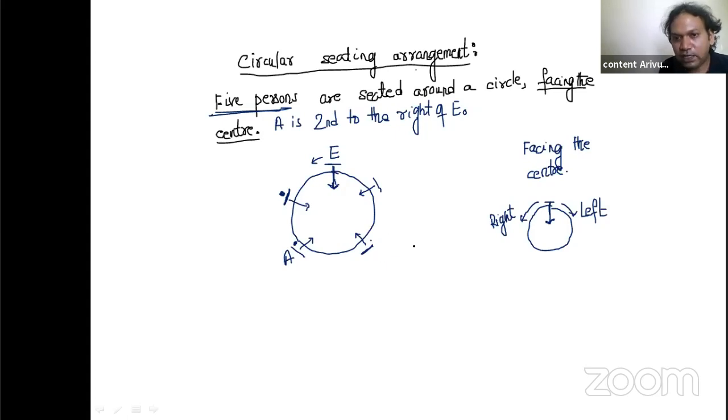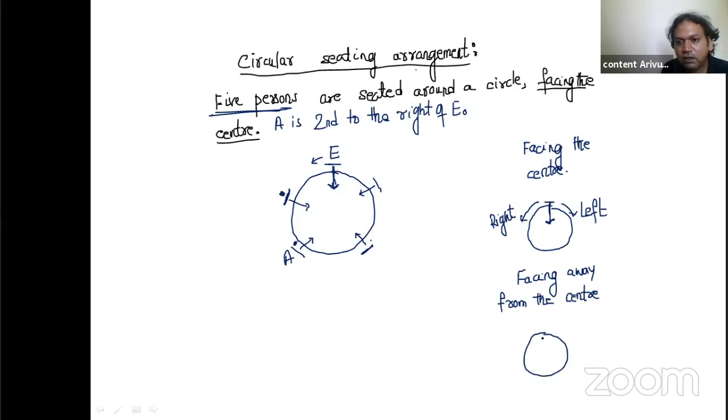Now, next is facing away from the center. If this was mentioned, what will happen? If a person is facing away from the center, for example, he's sitting here and facing away from the center.